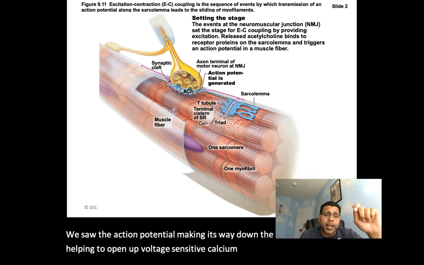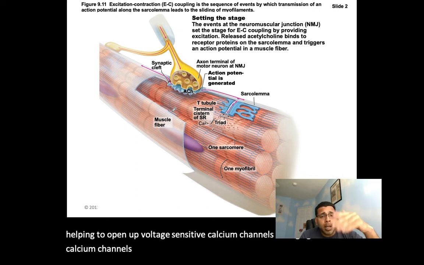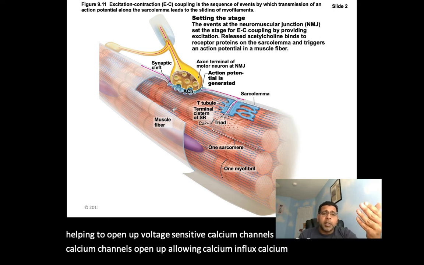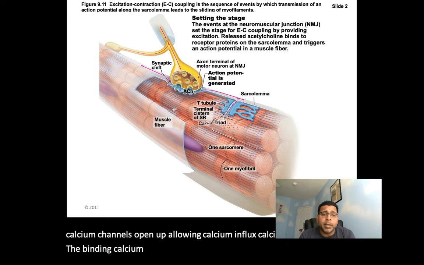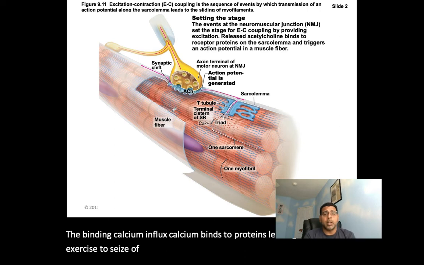Voltage-sensitive calcium channels open up, allowing calcium influx. Calcium influx leads to calcium binding to proteins, leading to the exocytosis of these synaptic vesicles. These synaptic vesicles contain acetylcholine, so they release acetylcholine into the synaptic cleft.